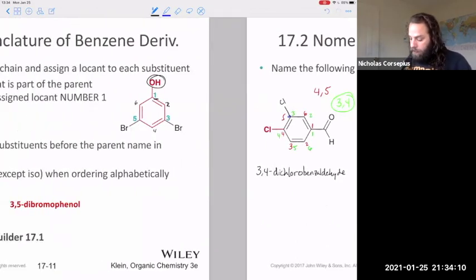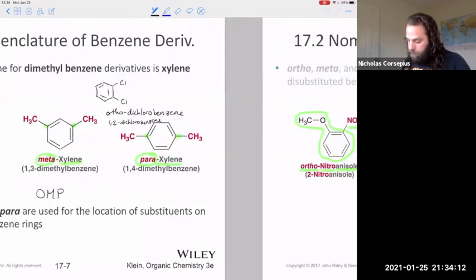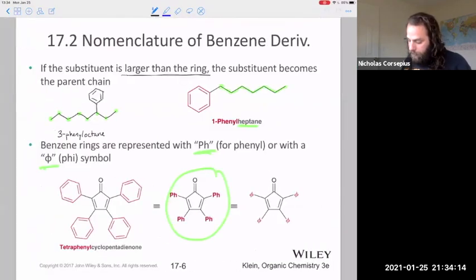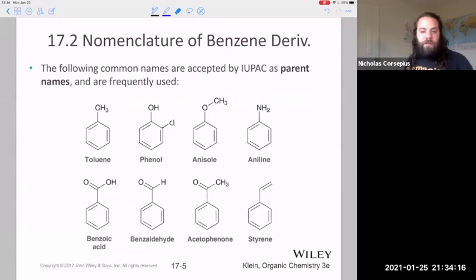One of the things that I want to do this example as well, because if we go back to our list of special parent chains here, you're not going to have to worry about when these substituents are kind of mixed. By that, I mean an aniline that also has, or a benzene that has both an amine group and an alcohol group. We're not going to worry about that. Or if it has an alcohol group and an aldehyde group, stuff like that.